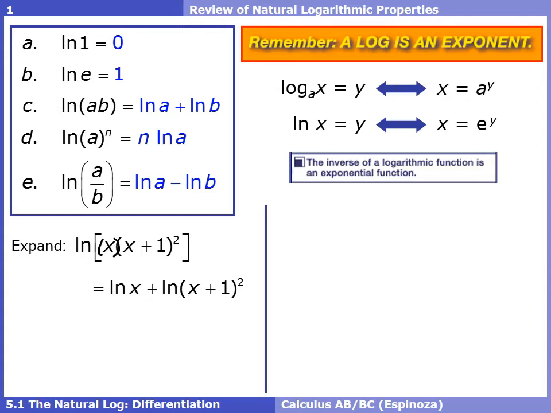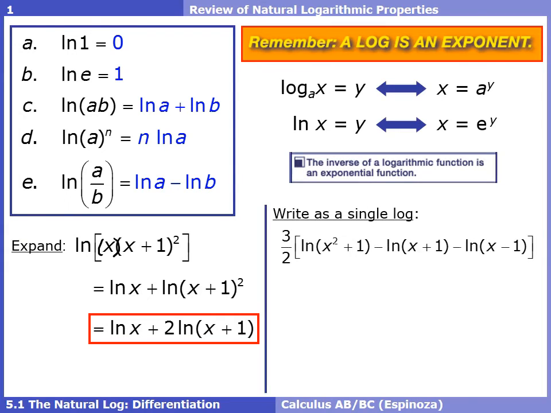On this second natural log, it has a power. ln of (x plus 1) squared, that power of 2 is being applied to the x plus 1. So we can move that power of 2 to the front of the natural log, and it's just that simple. If you wanted to expand it, that would be the expansion, and maybe that's going to serve a purpose once we start trying to take derivatives of natural logs.